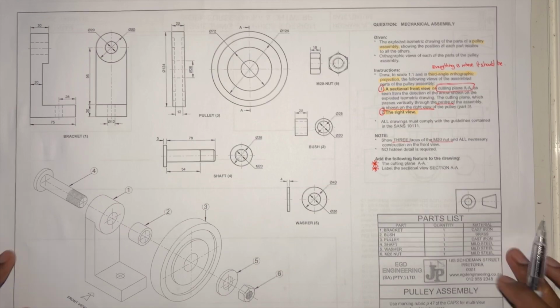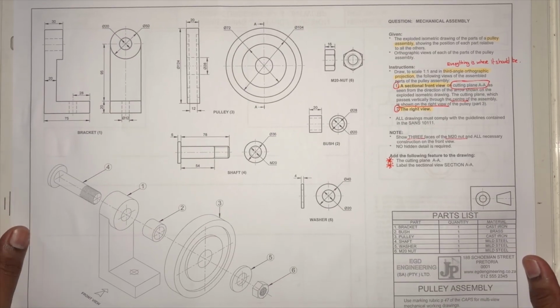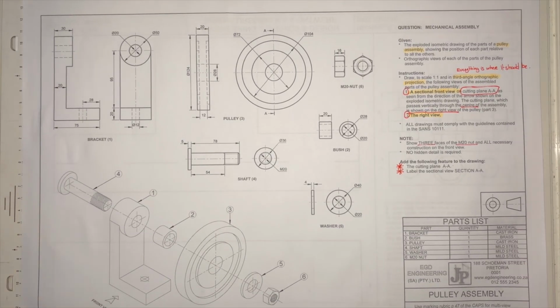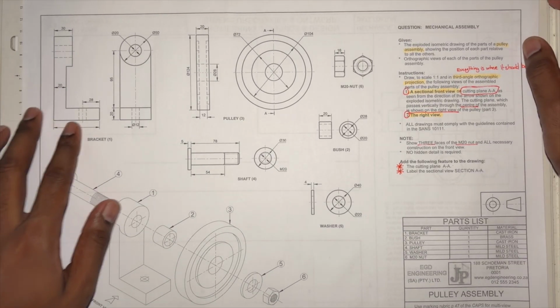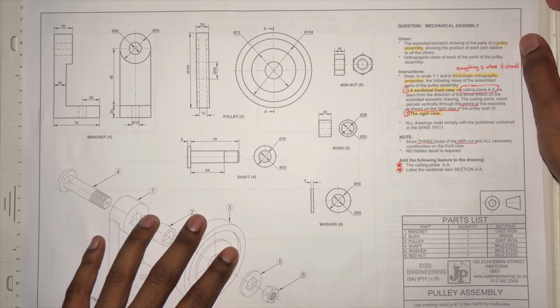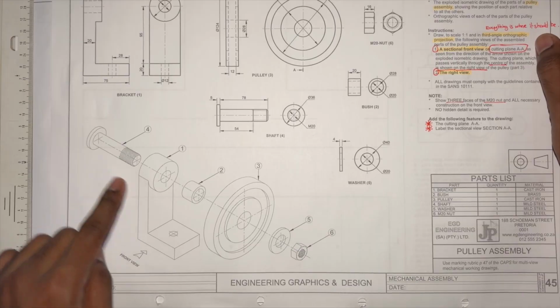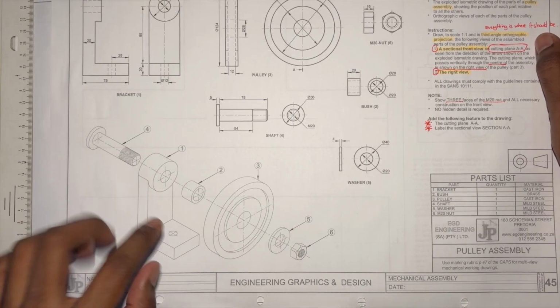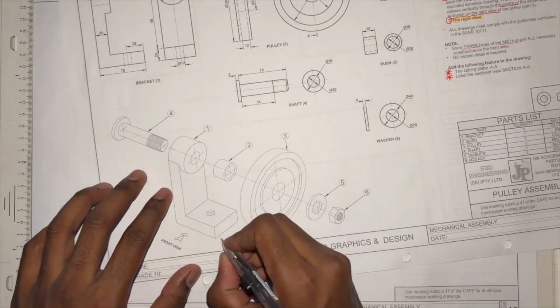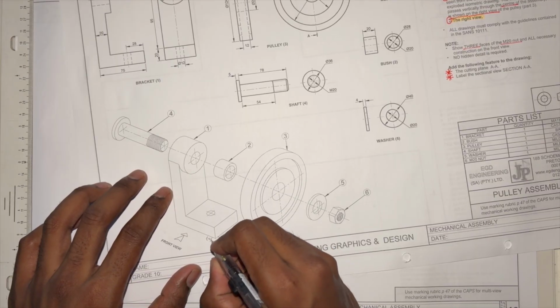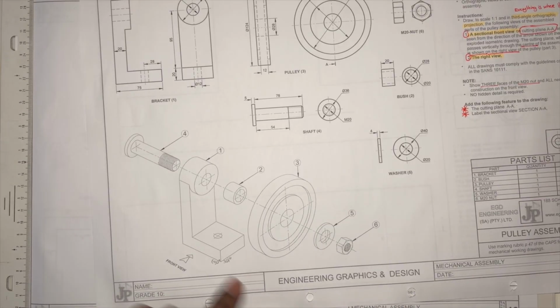Let me go through this to explain. These parts make up a casting. This is the casting. This is the exploded isometric, an isometric view. If you notice, this is 30 degrees, and that's 30 degrees, so clearly this is an isometric view.